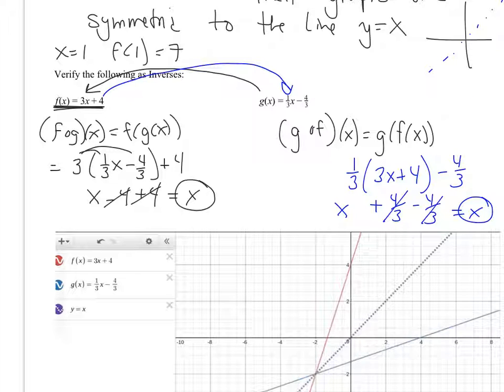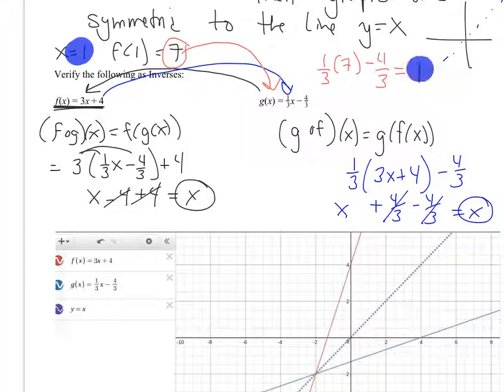Well, now if I take this 7 and I plug it into the other function, which is its inverse, 1/3 times 7 minus 4/3 is 7/3 minus 4/3, which is 3/3, which takes us right back to 1. The key thing here is I started with 1, and when I go through both the function and its inverse, I end up right back where I started.